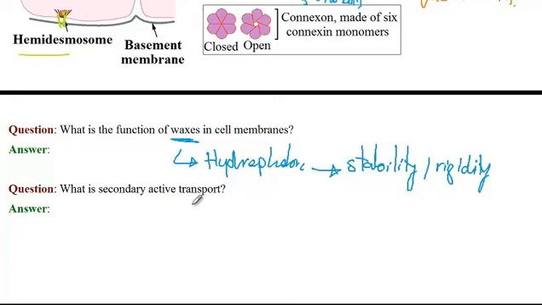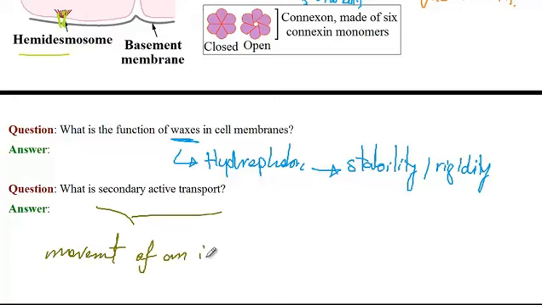And the second question is, what is secondary active transport? Basically, this type of transport uses movement of an ion, like for instance sodium or hydrogen, down its concentration gradient in order to move another molecule or ion against its concentration gradient.